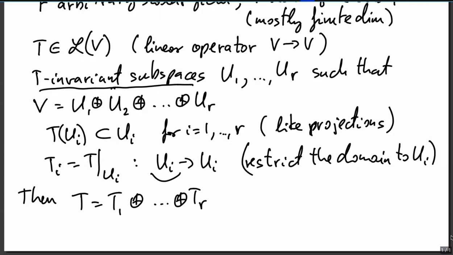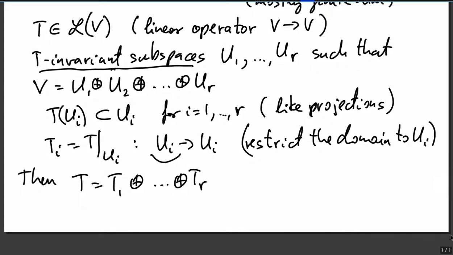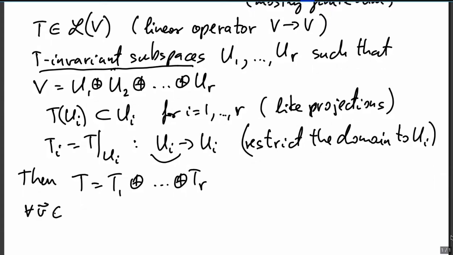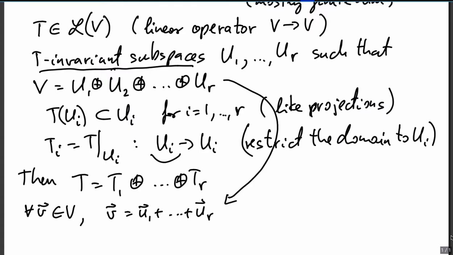Although this is a little bit misleading definition, so note please that what the direct sum means is that for all vectors v in the vector space, v can be written as u1 plus ... plus ur. That's because of the direct sum, and actually this representation is unique.